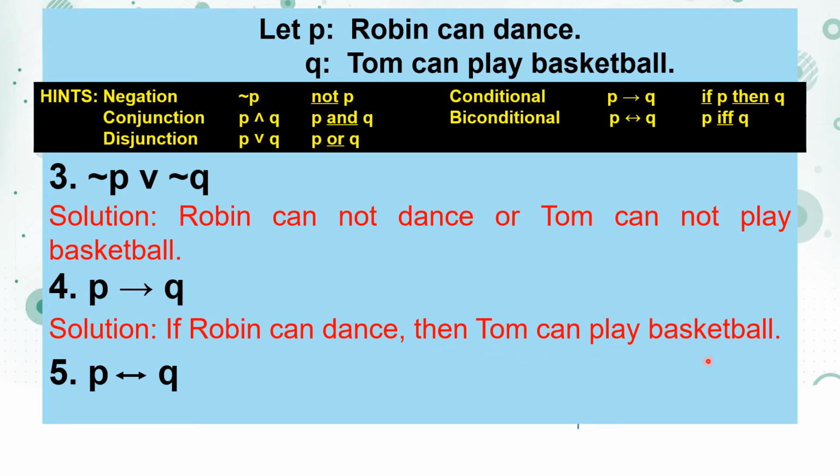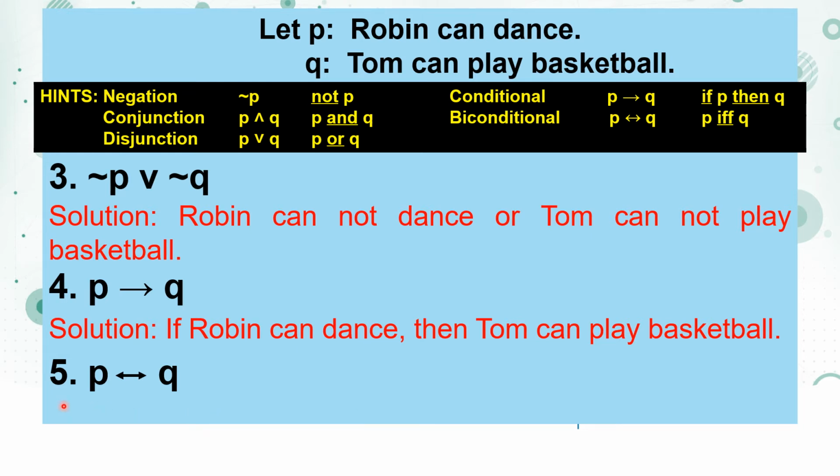I repeat, the keyword for conditional is if, then. So the English statement for this mathematical statement is, if Robin can dance, then Tom can play basketball.